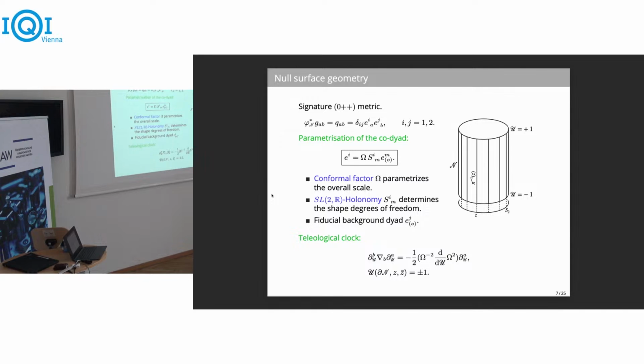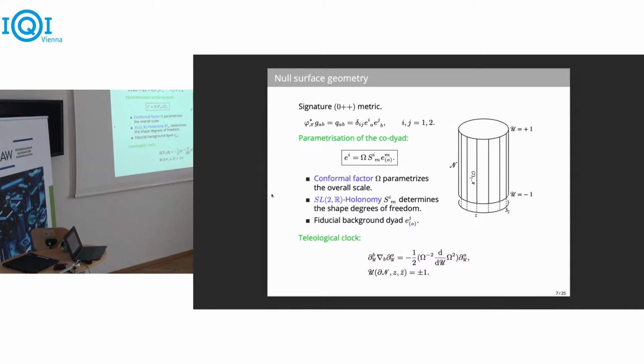The null directions have zero length. There's no geometry along these generators. The entire metric is basically two-dimensional with one degenerate direction.